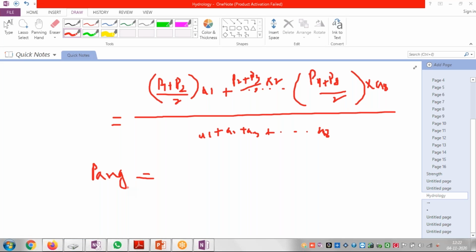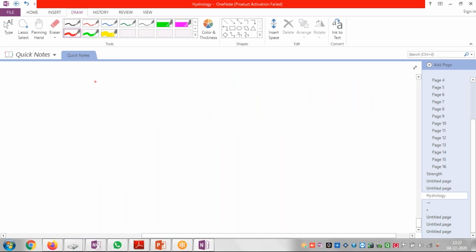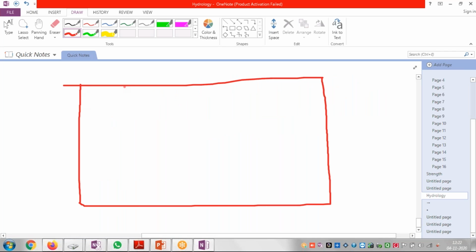So for this problem, actually, the map will be given, or otherwise the values will be given. So like the average of isohyets is this one, and the area comes under this. See, one table will be given to you, right?